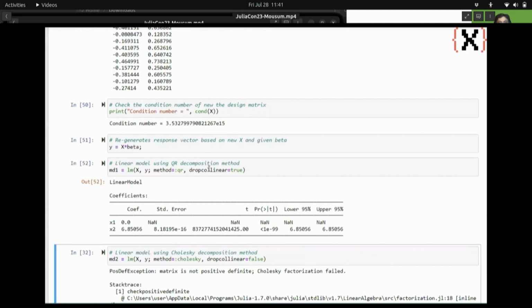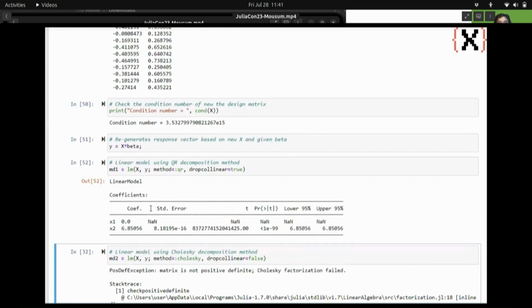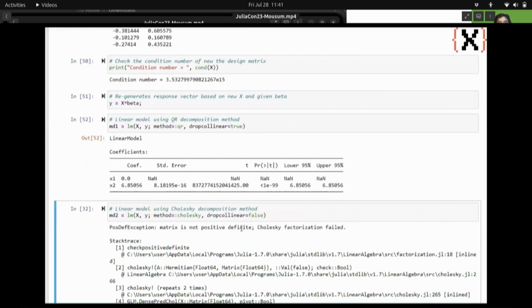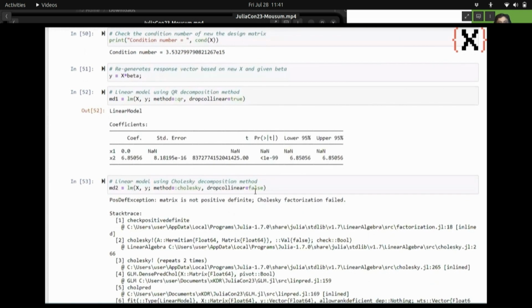Since we have set drop collinearity equals true, instead of showing the error, it is estimating betas, but using QR decomposition we are able to estimate only one parameter. So let's try that with the Cholesky decomposition method. Again, it is showing that error.